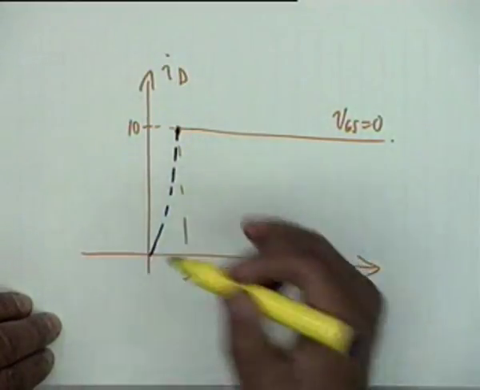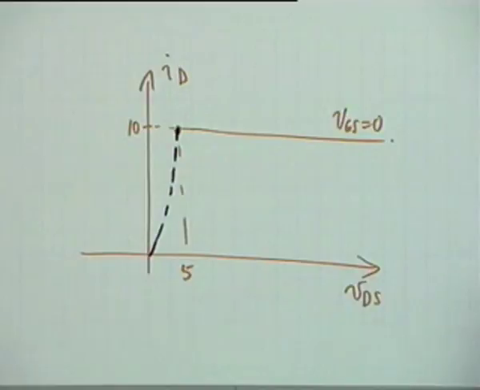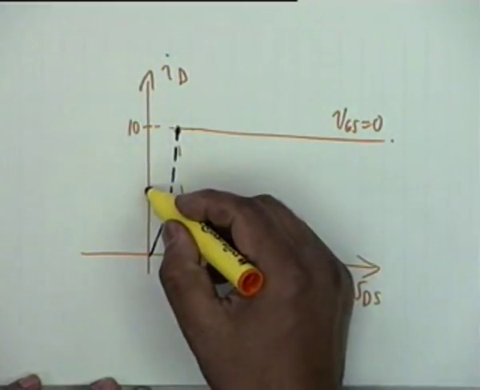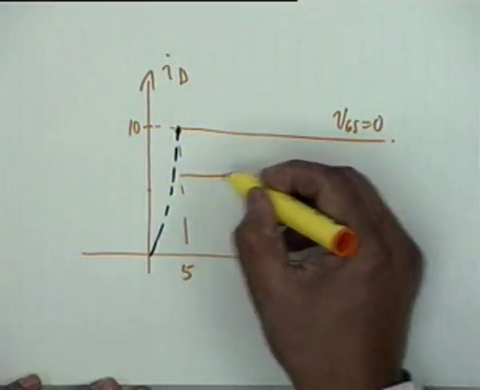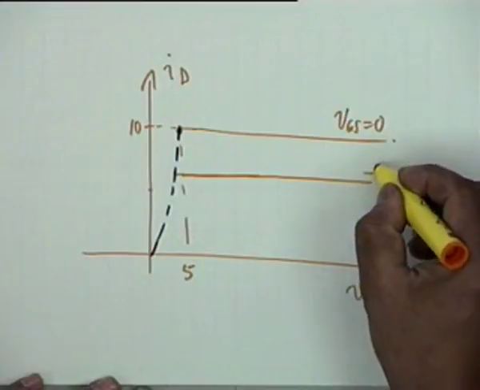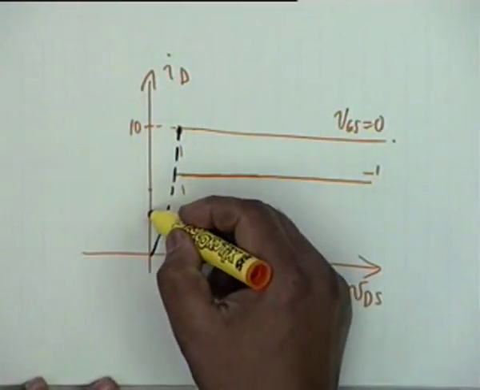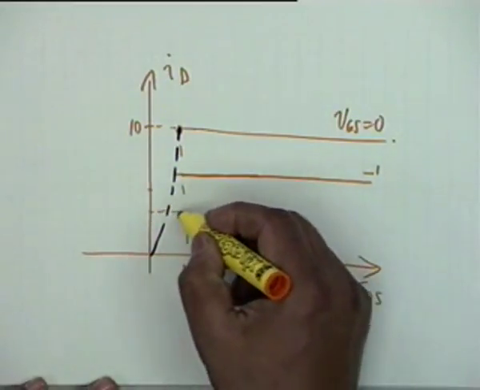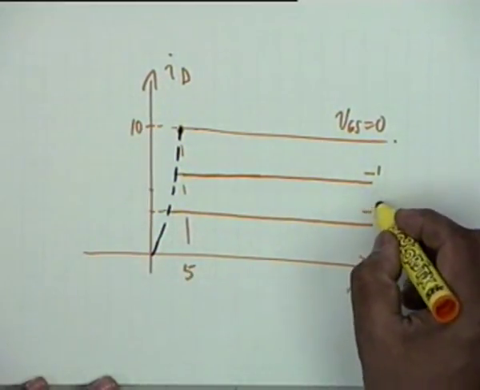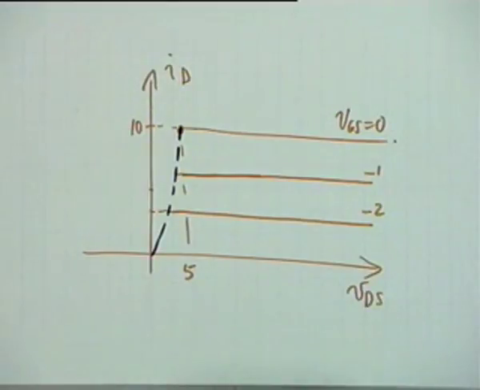It would go like this, and therefore the other set of characteristics, VGS equal to minus 1 gives 6.4, so it's slightly higher than half. It's somewhere here, minus 1, and minus 2 gives 3.6, so it's somewhere here, minus 2 and so on.